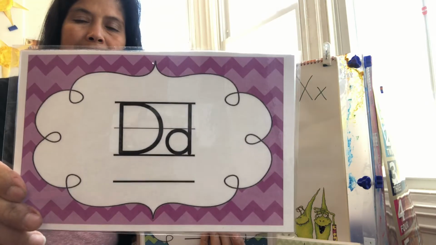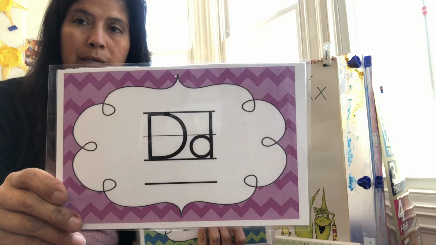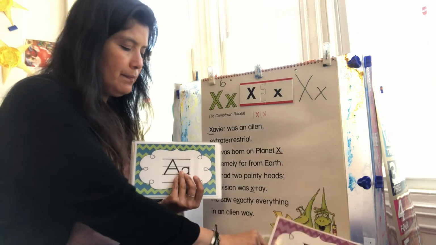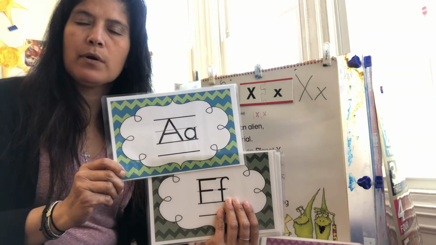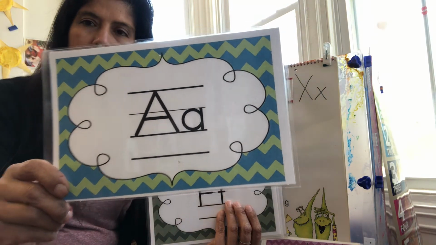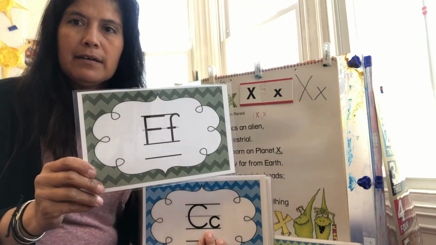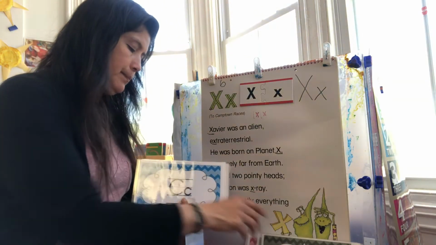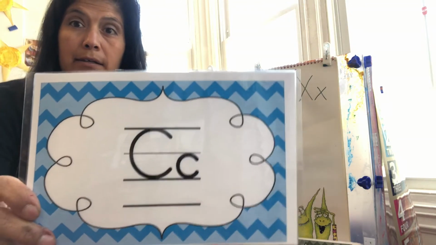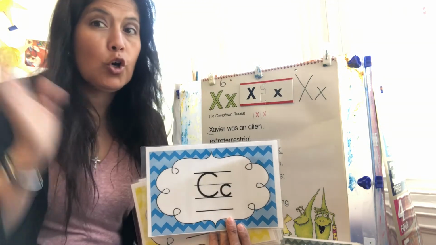We have our letter D, D for dandelion or daisy. We have our letter A, A for Ava or apple. We have our letter F, F for Ford or fire truck. We have our letter C, C for Connor or cool.